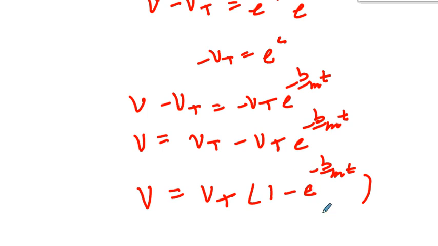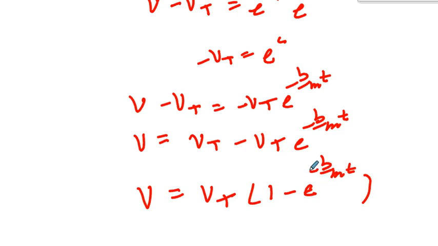Now let's test it for validity. When I first drop this, my initial velocity is 0. So let's put in t equals 0 here. So t equals 0, this becomes 1. 1 minus 1 is 0. 0 times vt gives me 0. My initial velocity is 0. After a long time, let's say time approaches infinity, this becomes e to the minus infinity.